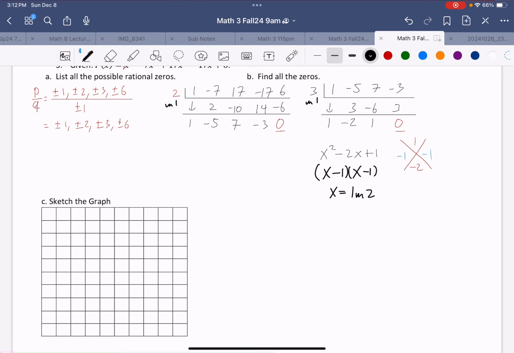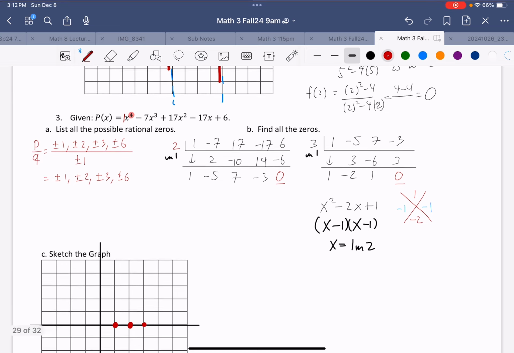Now all I have to do is sketch the graph. So I start by making my axis. I look for my end behavior. Well, I plot all my zeros first. So there's 1 at positive 1. There's another one at positive 2 and positive 3.